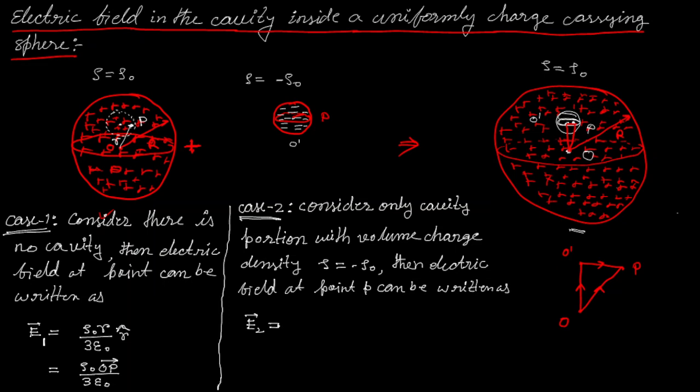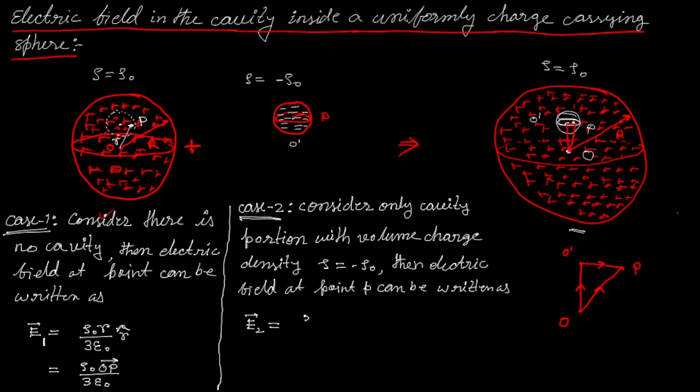So E2 is the electric field at point P due to only this cavity portion, which is carrying a negative charge density rho naught. What will be that electric field? Since it is also a uniformly charged sphere and point P lies within it, again we can use the same result here.